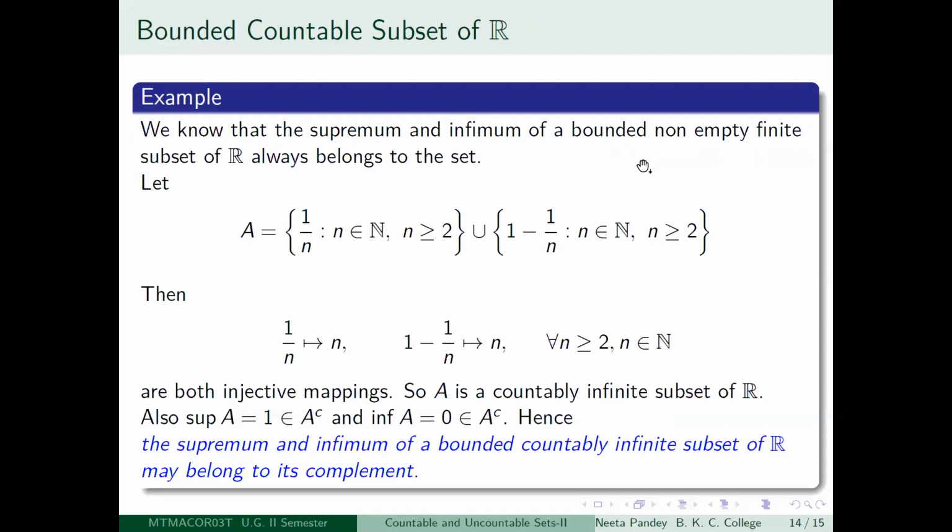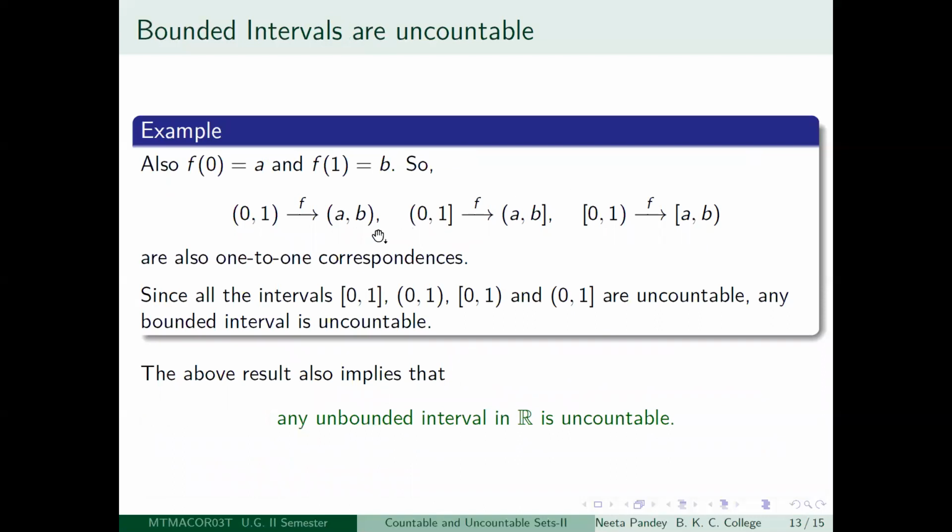So the question is: instead of a finite set, if I take a countably infinite set, then what will happen? Since I'm taking a countable set, a tendency is to think that maybe the infimum and supremum might belong to the set. We have already seen that in other cases they do not. Take the bounded open interval a to b.